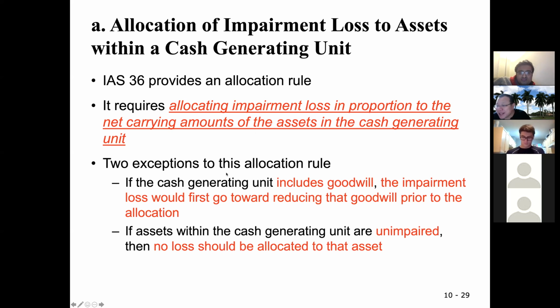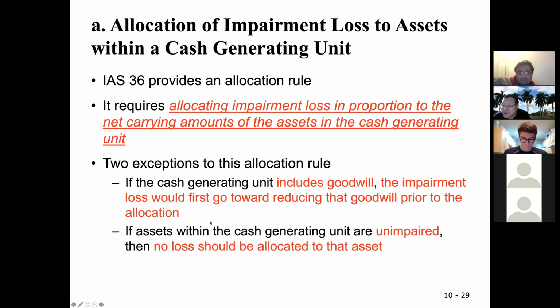If that cash generating unit includes goodwill, the impairment loss will first go towards reducing the goodwill before any further allocation. If after reducing the goodwill to 0 there is still a remaining balance, then it is allocated, but the first step is to reduce the goodwill.